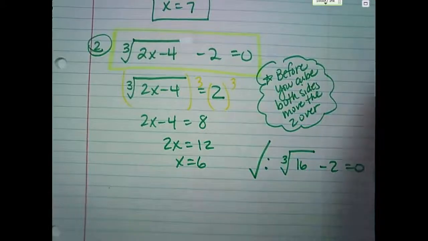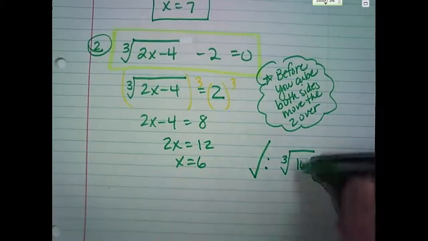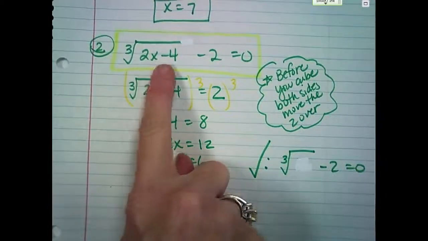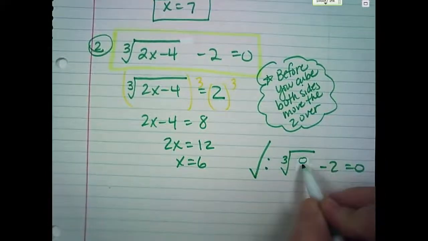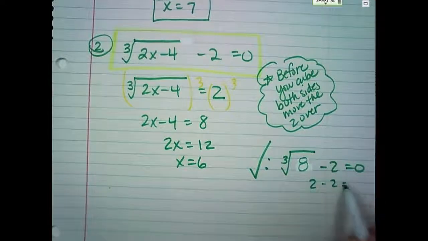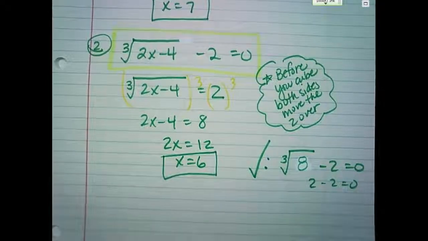Oh, thank you, I forgot to subtract. So what's the cube root of 8? 2. 2 minus 2 is 0, so my answer is good. Thank you, guys. Let's go to the next one, number 3.